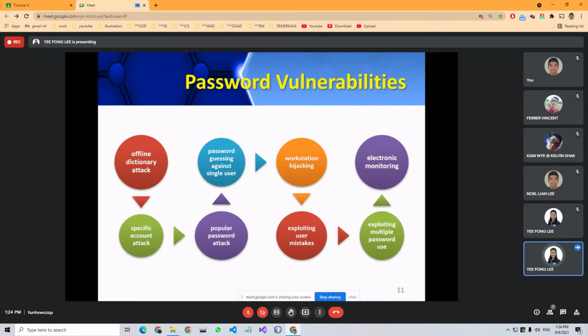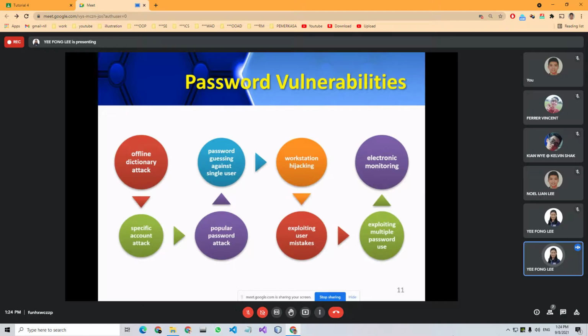Countermeasure: automatically log out of the workstation after a period of inactivity, and then you can apply intrusion detection.